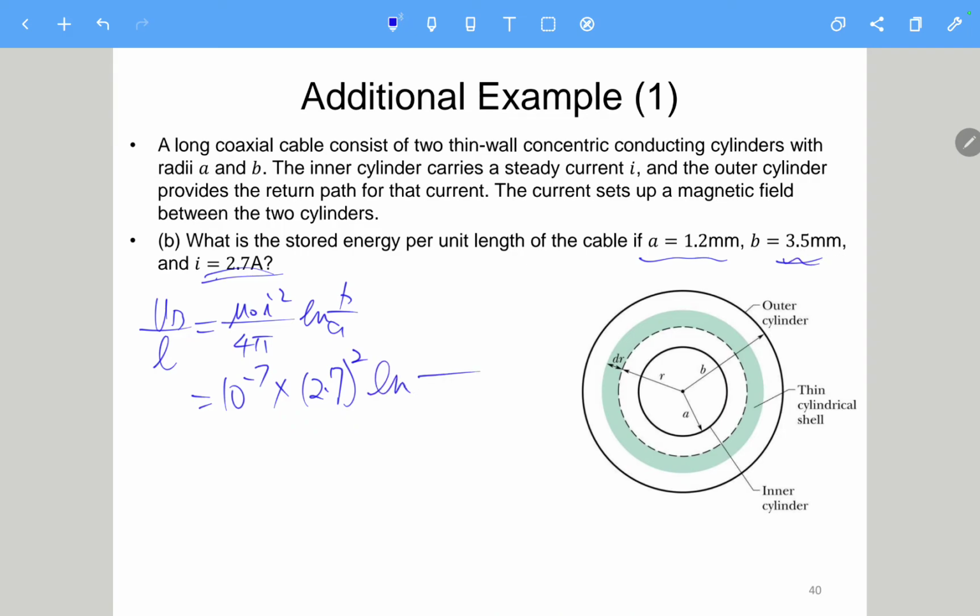Both of them are in millimeters, so it is like 3.5 over 1.2. Of course, you can write 10 to the minus third over 10 to the minus third and they cancel. So finally, this is 7.8 times 10 to the negative 7 joule per meter. So this is the energy per unit length.